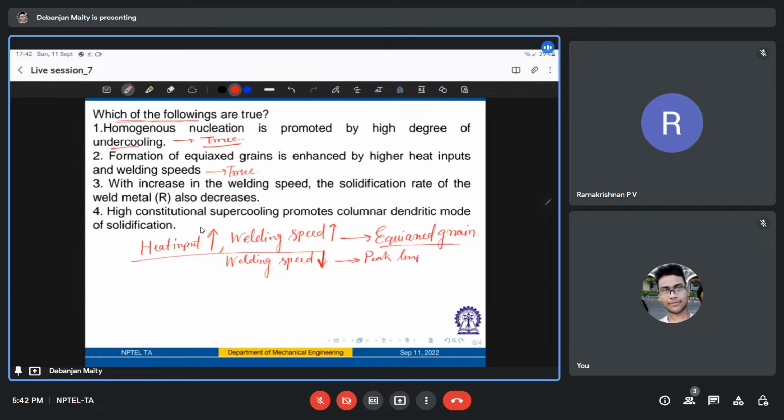So peak temperature will be higher, and you finally end up with either columnar dendrite or it can be cellular also. Now in your statement 3, it says that with increase in welding speed, the solidification rate of the weld metal also decreases.